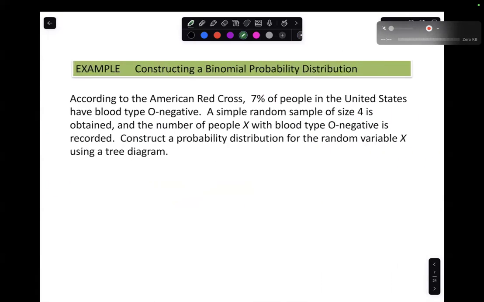All right. Okay. So we're going to construct this, kind of the why behind. Let's go in our Wayback Machine and go back to the last unit, unit 5. We talked about the outcomes of the experiment. Remember when we were talking about flipping 2 coins?